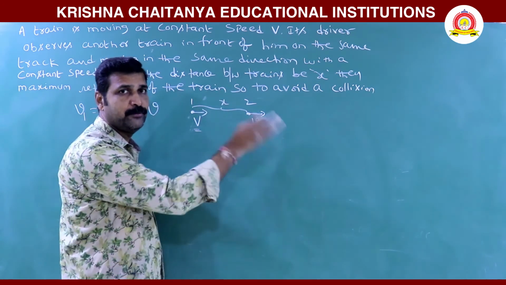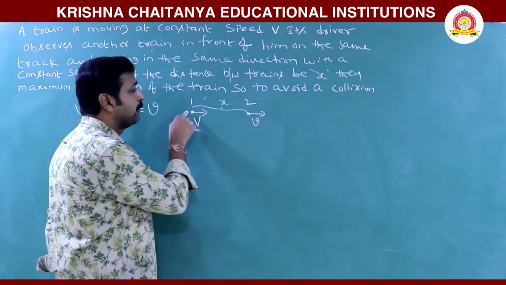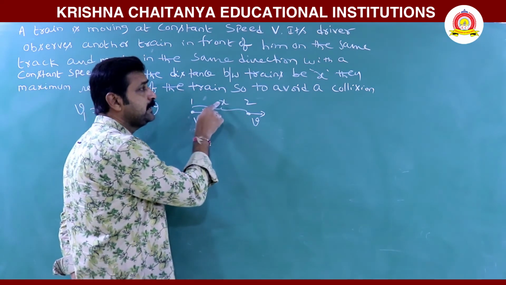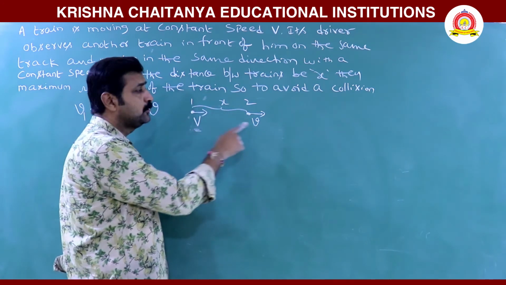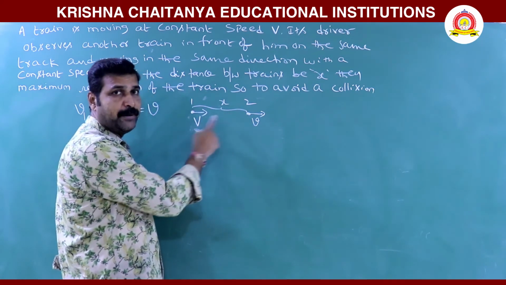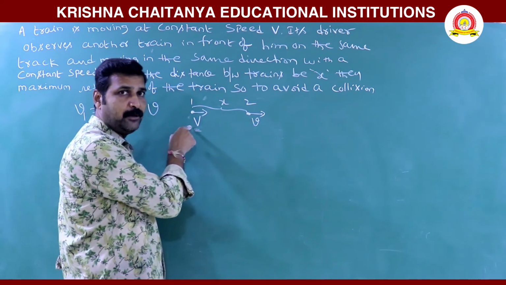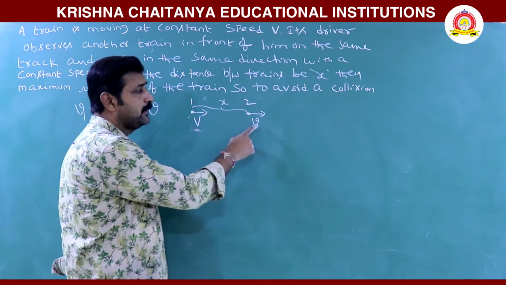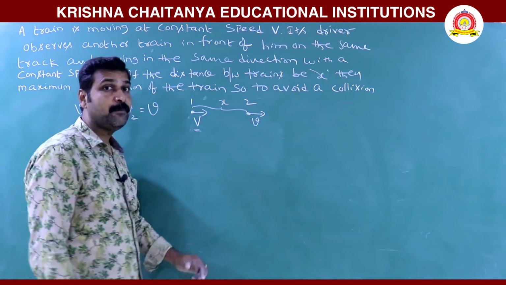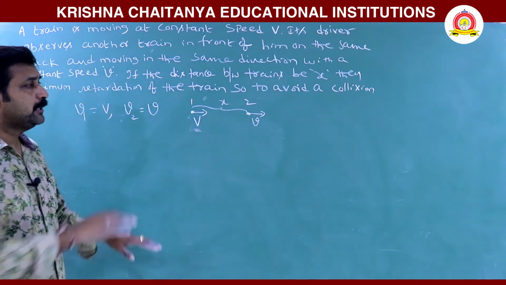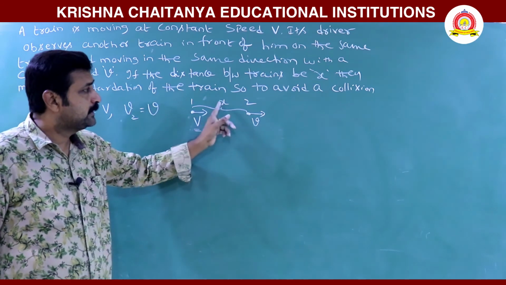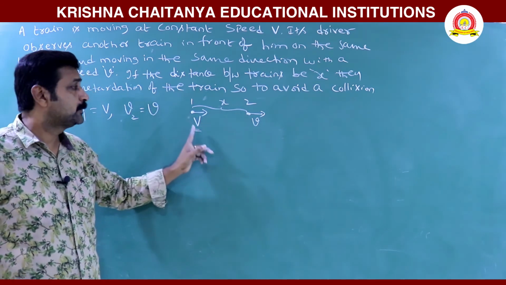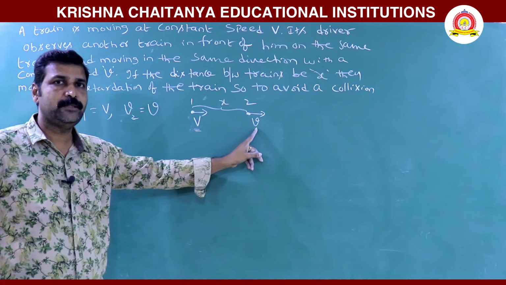So, when it reaches this distance x, its speed should be reduced to small v.